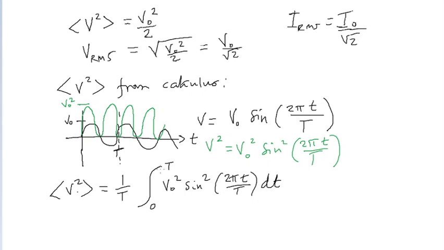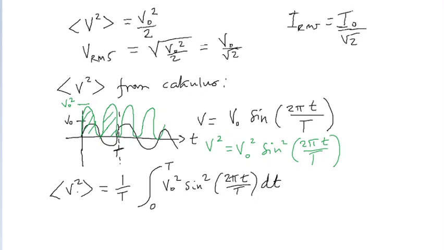Okay, so what we're effectively doing, when you integrate from 0 to T, is finding the area underneath the curve for one complete oscillation of the original curve, right? So this is the area we're going to calculate. Now, if we want to find the average value of voltage here, if we divide this area by the time period, that will give us the height of an equivalent rectangle.